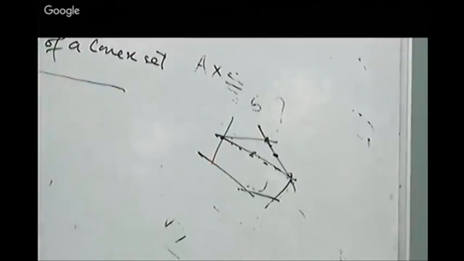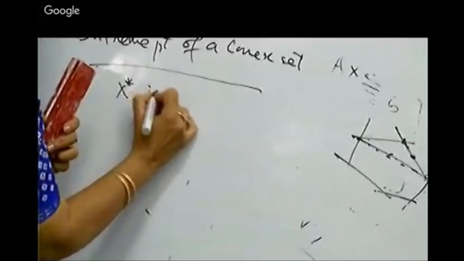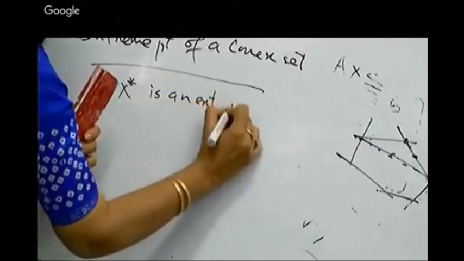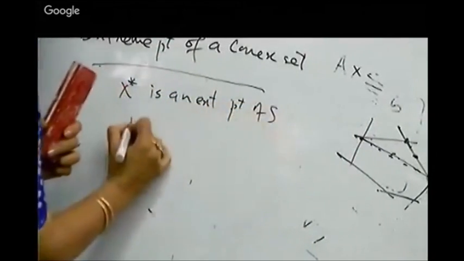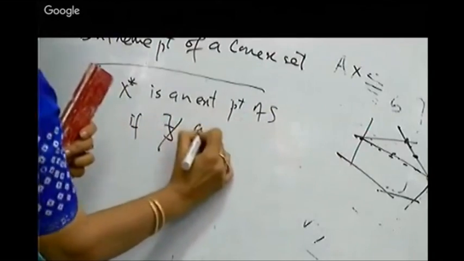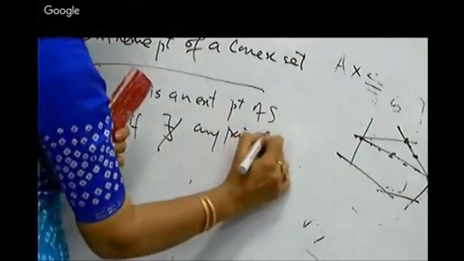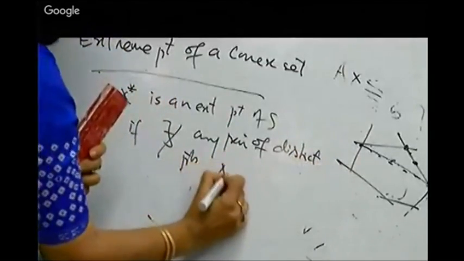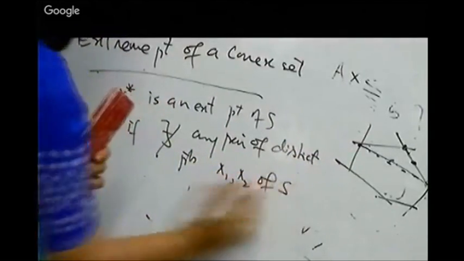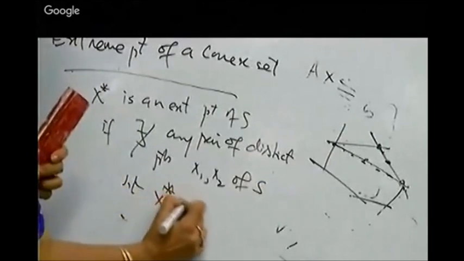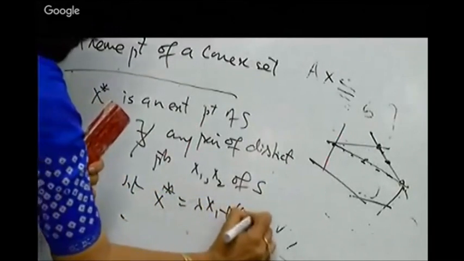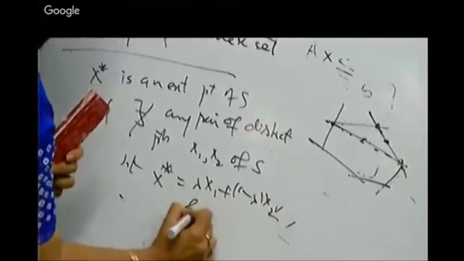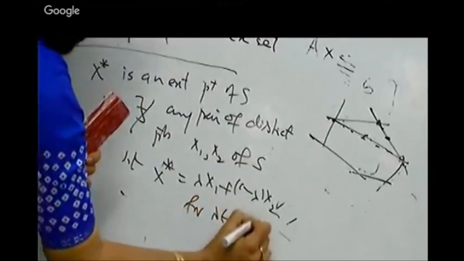So extreme point. So if x star is an extreme point of S if there does not exist any pair of distinct points of S such that x star can be written as lambda x1 plus 1 minus lambda x2 for some lambda in open interval 0, 1.